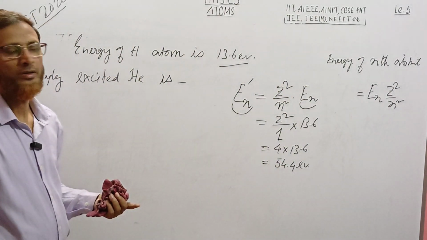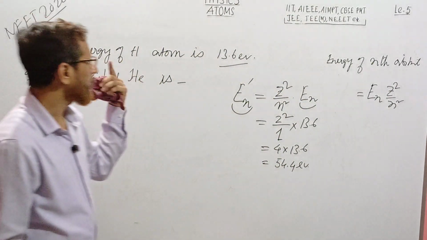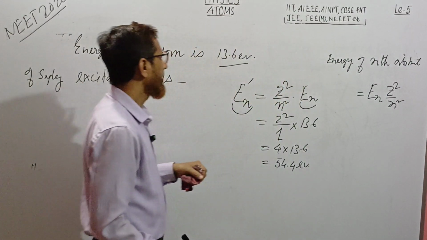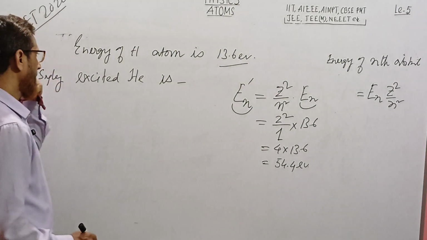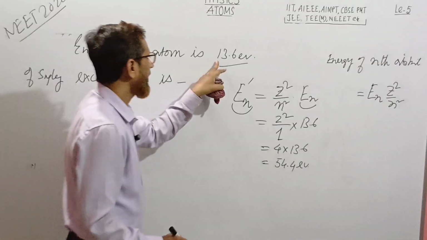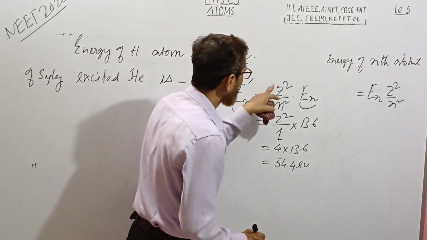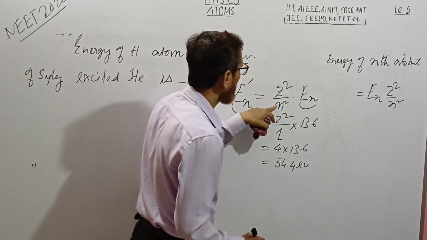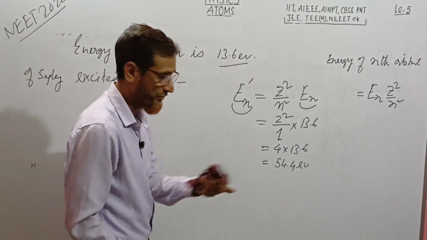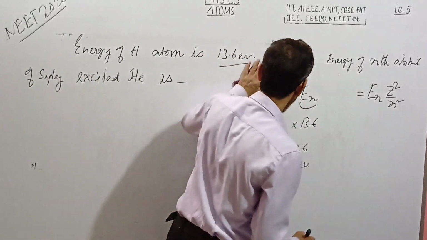Very simple. For helium, n is equal to 1, so z square by n square means z square by 1, and En is equal to 13.6, given. It is four times of this.